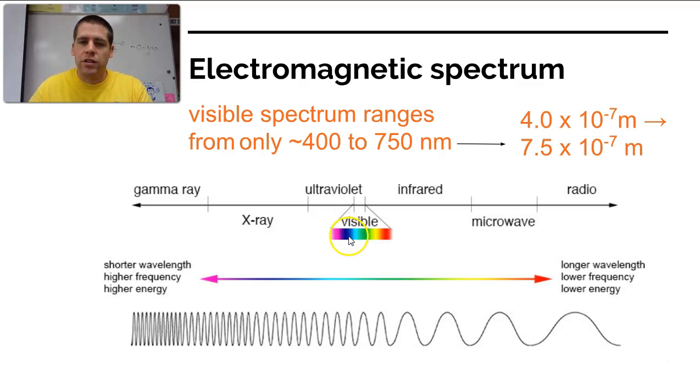The visible spectrum is just a narrow sliver of that, roughly 400 nanometers to 750 nanometers, which you would write as 4 times 10 to the negative 7th if you were going to convert it to meters. 1 nanometer is 10 to the negative 9th meters. That's an important conversion that you'll use quite a bit.